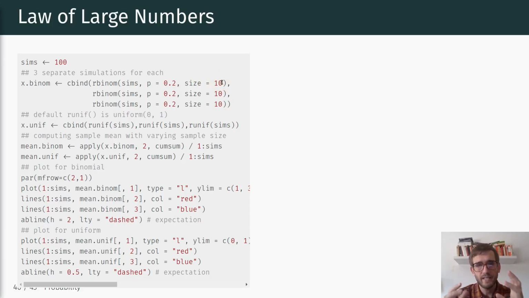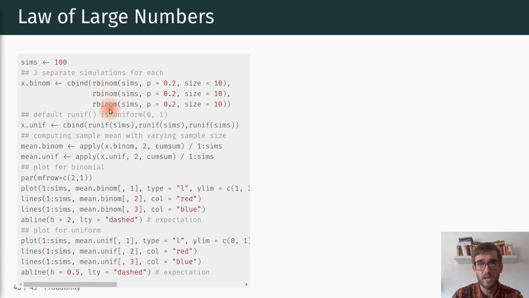So we have 10 coin tosses with a probability of heads of 0.2, and we flip the coin 10 times and we repeat this process 100 times. Okay, so that's the basic setup for our random draws from these binomial distributions.